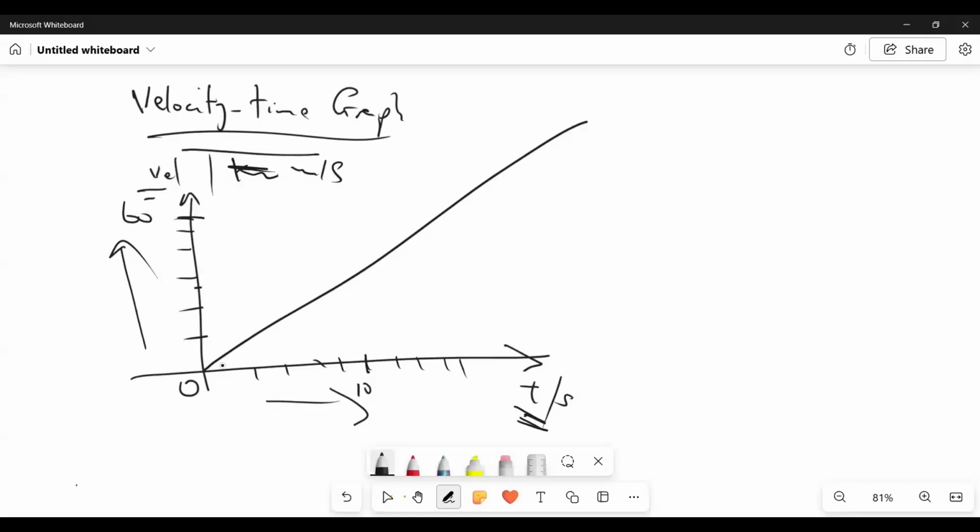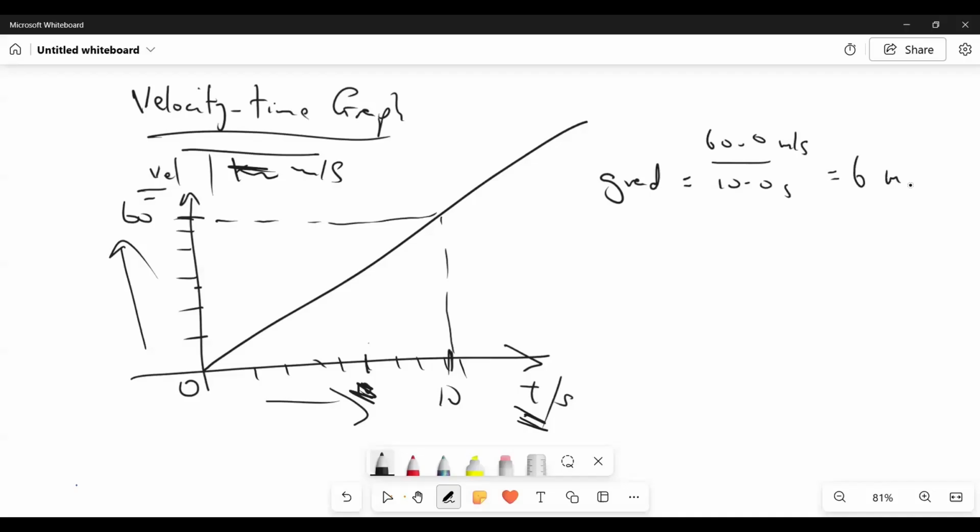So if we find the gradient of this line, it equals 60 minus 0 over 10 minus 0. Let's put in the units. The numerator is in meters per second and the denominator is in seconds. So your answer is going to be 6 meters per second squared.